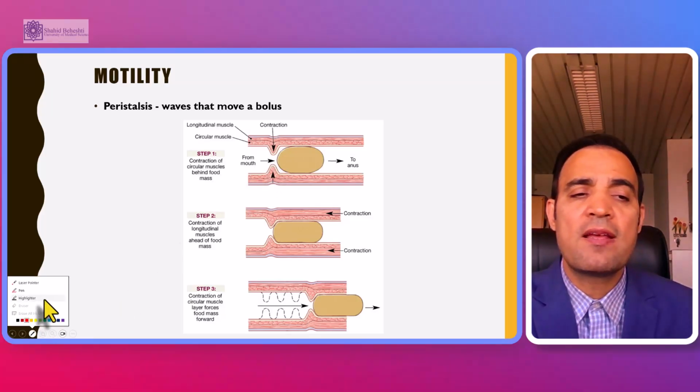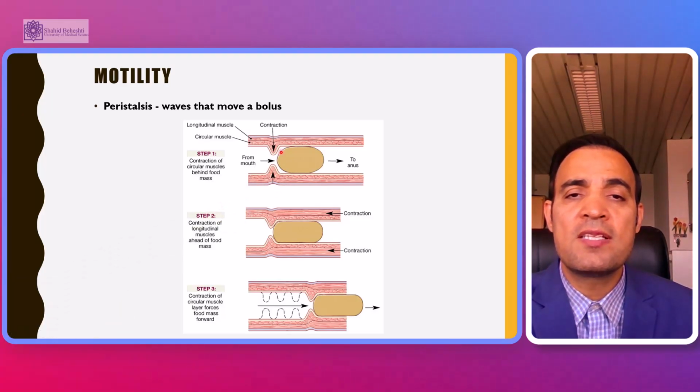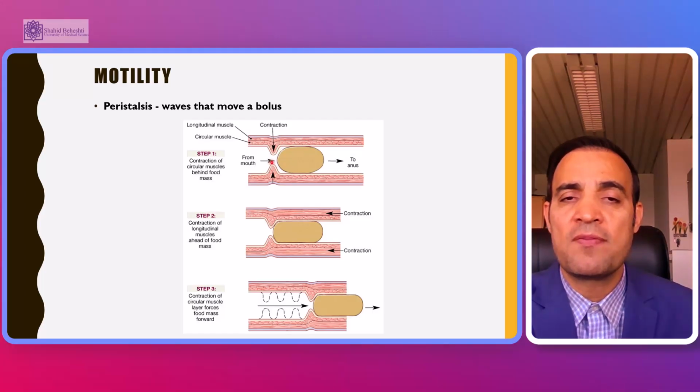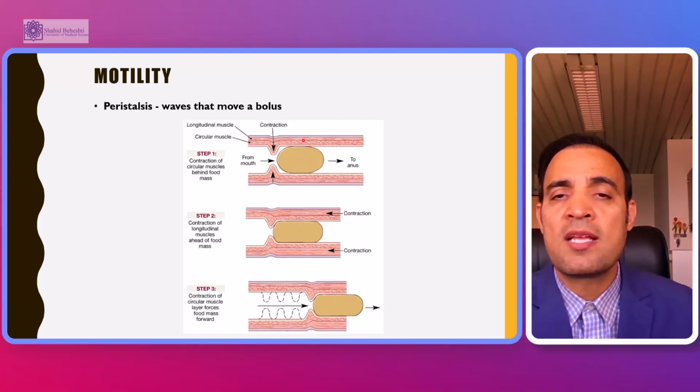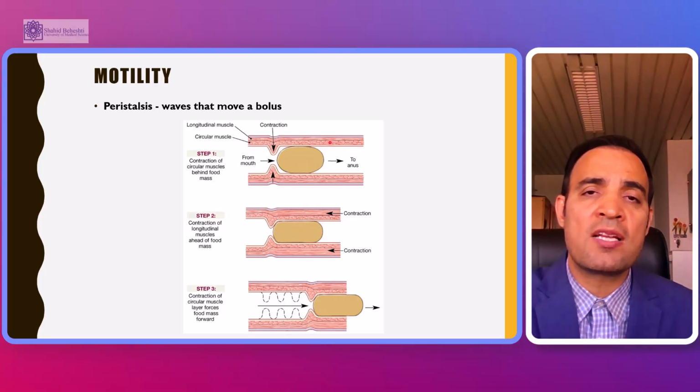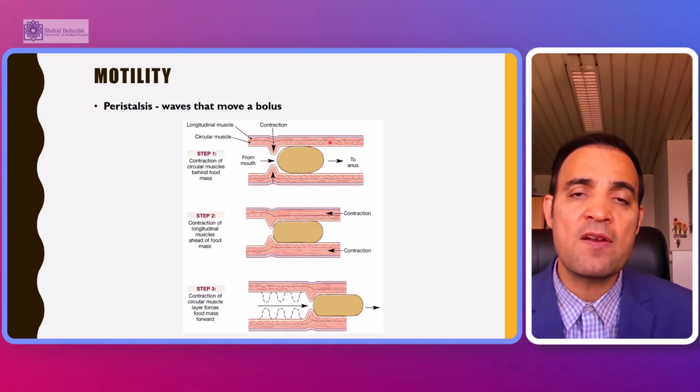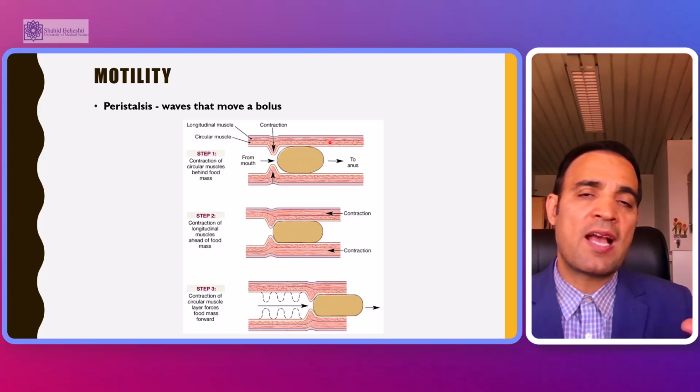Then when this pressure is increased in this area, the relaxation of the smooth muscle in front of the food will happen.